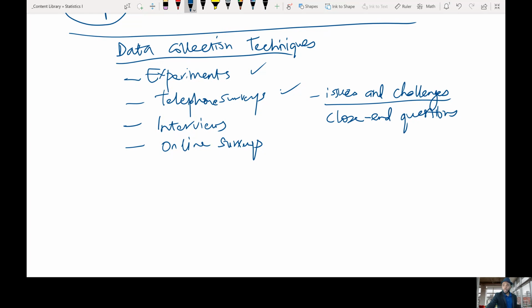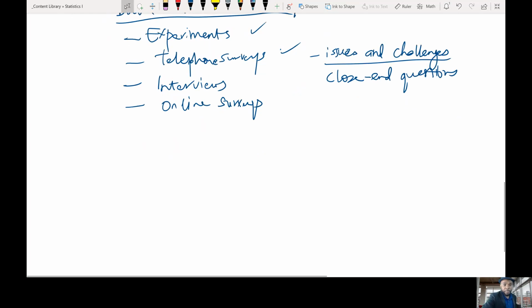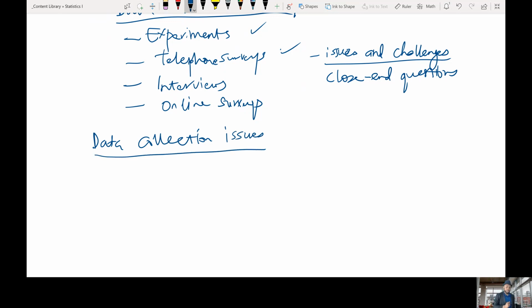Now, in data collection, what issues might we have? What are the data collection issues? Well, one issue that we may have is data accuracy.